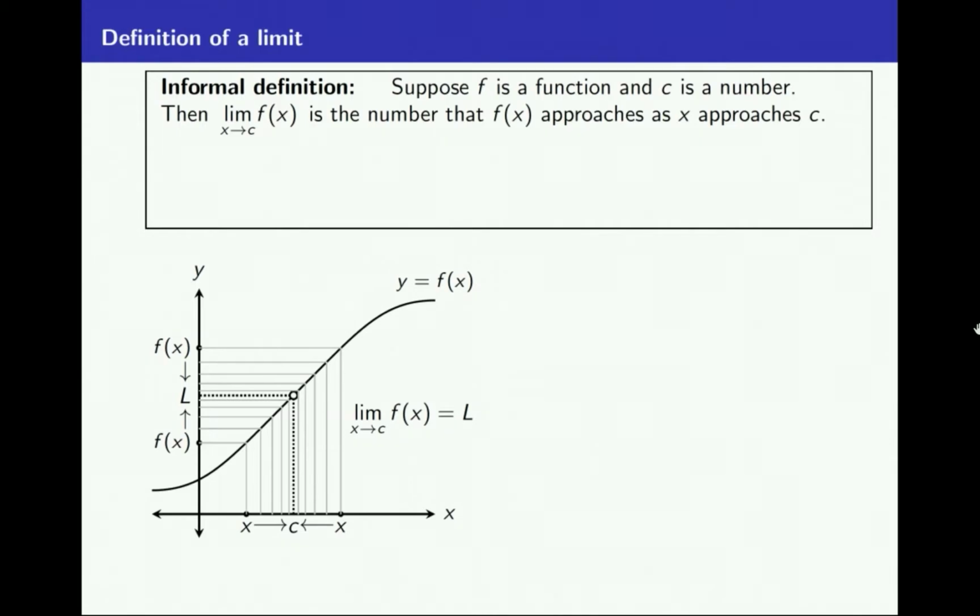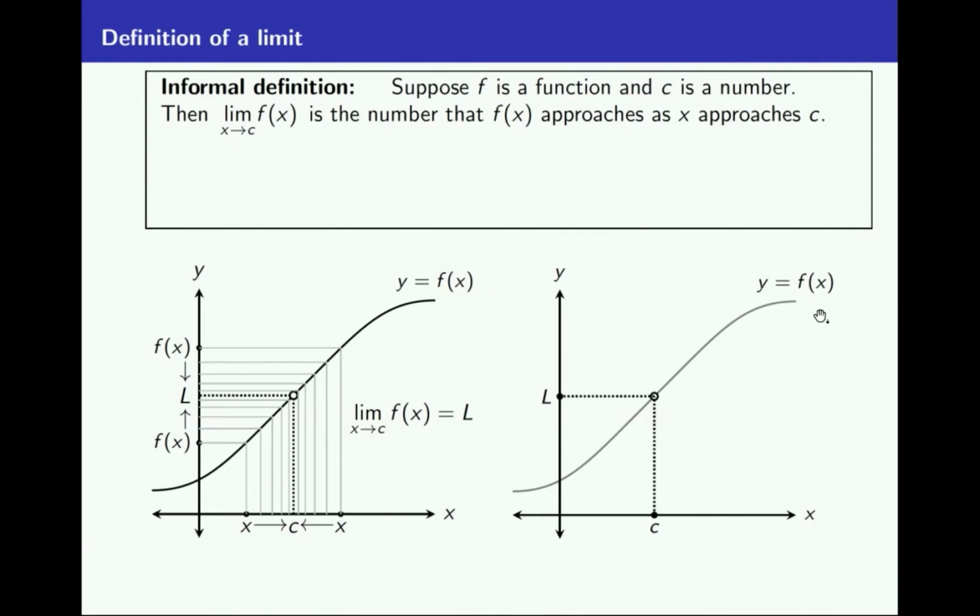I'll draw a slightly different picture of this, and we'll look at it from a slightly different perspective. Here's the same f of x, the same c, and the same L. One way of thinking about the limit as x approaches c of f of x is to just look at what's happening for values of x that are really close to c, in some small open interval containing c, and ignore everything else on the graph.